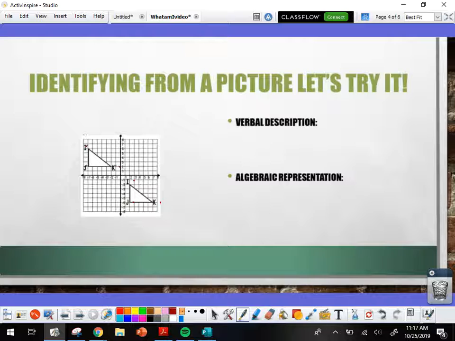So the pre-image and the image, the vertices didn't change. They're all in the same place. So if we think back to our rules, we know that that means that we're not turning that shape at all. We're sliding the shape. So this one, they were trying to trick you a little bit. So our verbal description, we know that it's a translation because a slide is a translation.